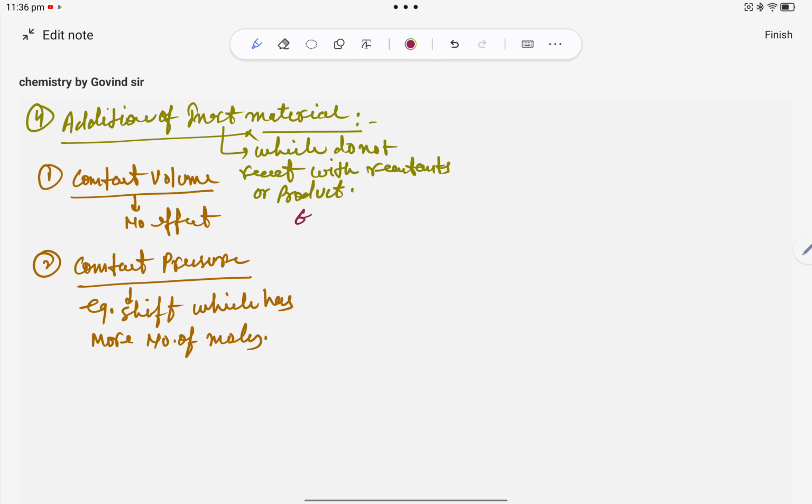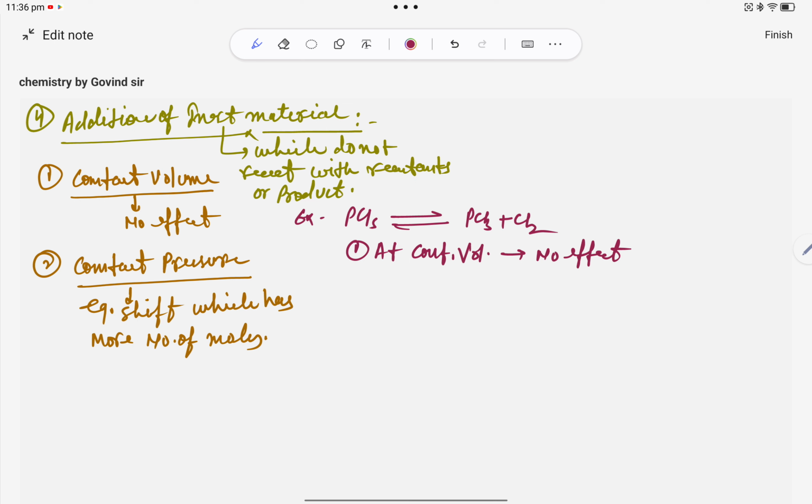Example, PCl5 gives PCl3 and Cl2. So first condition, at constant volume, no effect. If you are adding inert material, then no effect. Second point, at constant pressure, equilibrium shifts toward the side which has more number of moles.